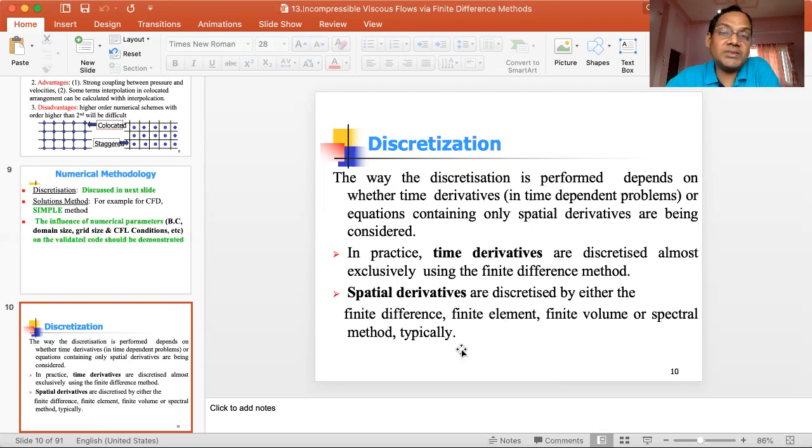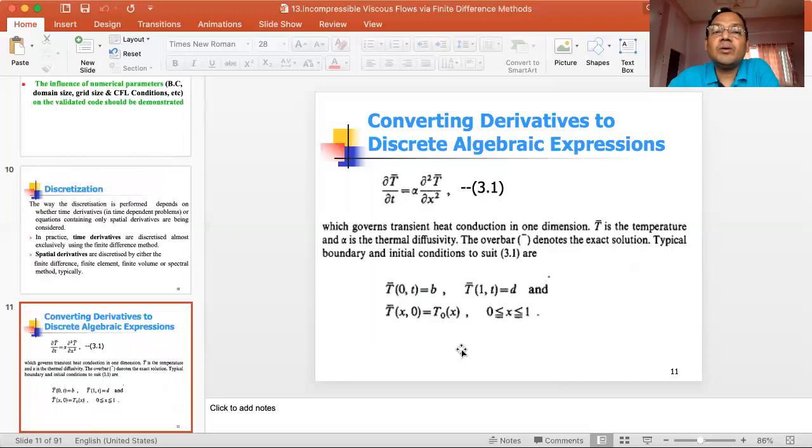These are discretization methods. You can convert your PDE to a system of algebraic equations. So for time derivative you have only one option, finite difference. On the other hand, for space derivative you have so many options. Discretizing, very simply, means converting derivatives to discrete algebraic expressions.